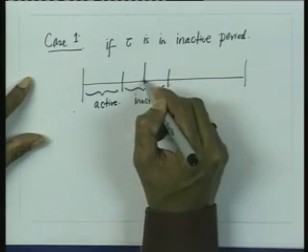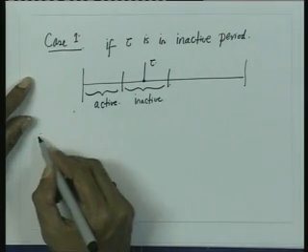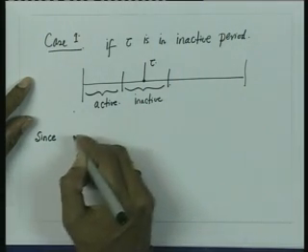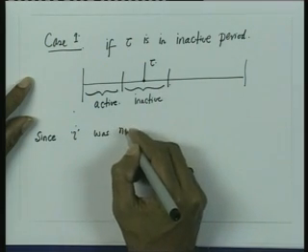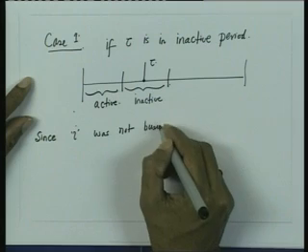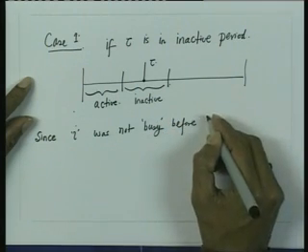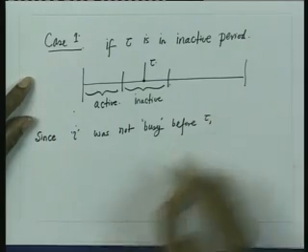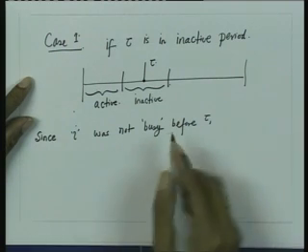Let us say that tau is here. Now since session i was not busy before tau, and the session becomes busy at tau, then a packet must have arrived.